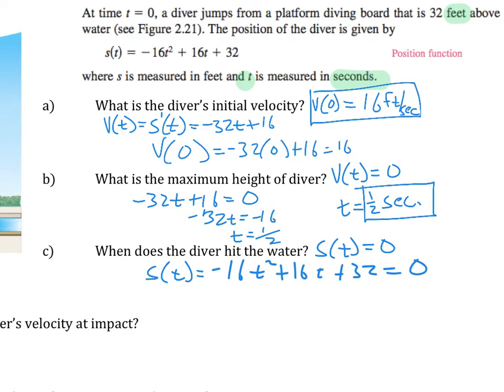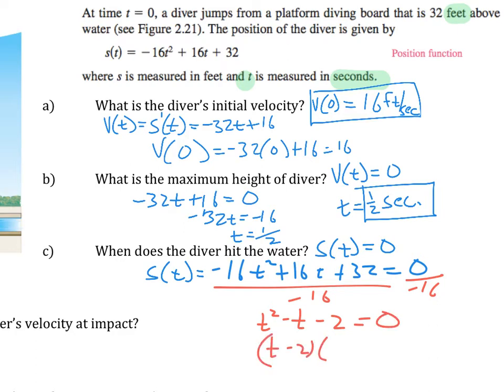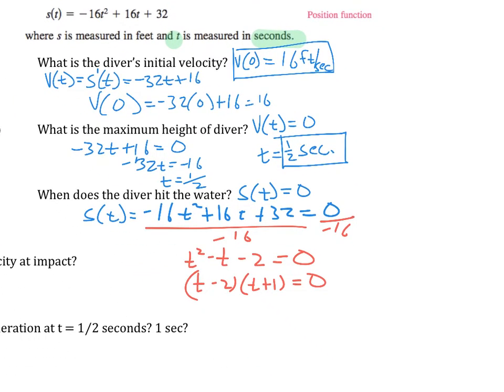And if we go ahead and divide everything by negative 16, we're going to get t squared minus t minus 2 equals 0. And if we factor that, we get t minus 2 times t plus 1. So the times are 2 seconds and negative 1 seconds. Well, we don't want negative time here, so the answer we're going for is t equals 2 seconds. That's when the diver will hit the water.